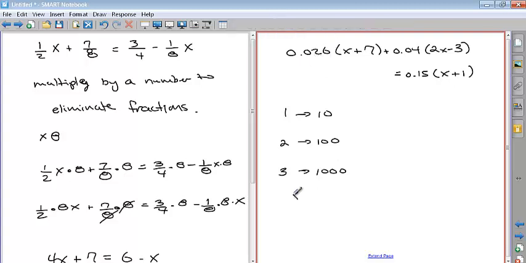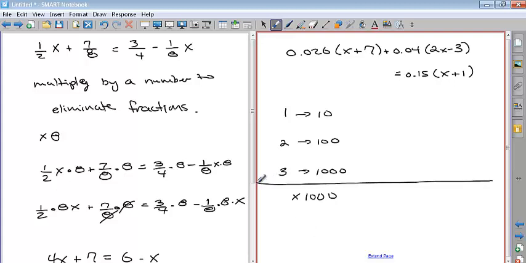So I'm going to multiply the whole thing times 1,000 because of that decision. So you'll have 0.026 times 1,000 times x plus 7, plus 0.04 times 1,000 times 2x minus 3, and 0.15 times 1,000 times x plus 1. I should be using a dot here because I've got x, so that's confusing.